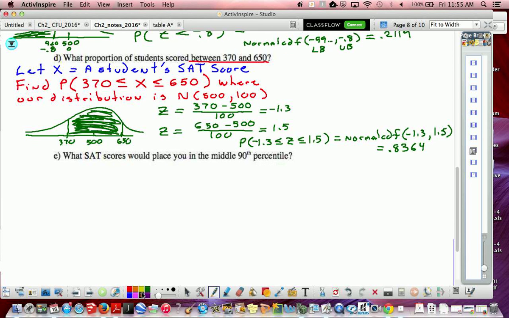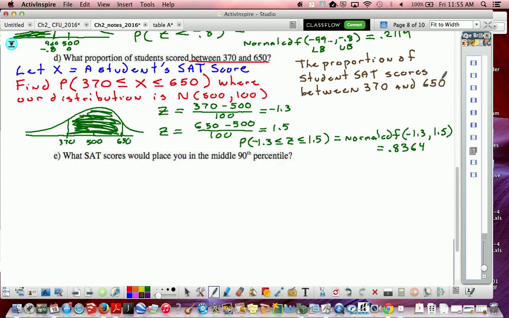So, we can answer the question. The proportion of student SAT scores between 370 and 650 is 0.8364.